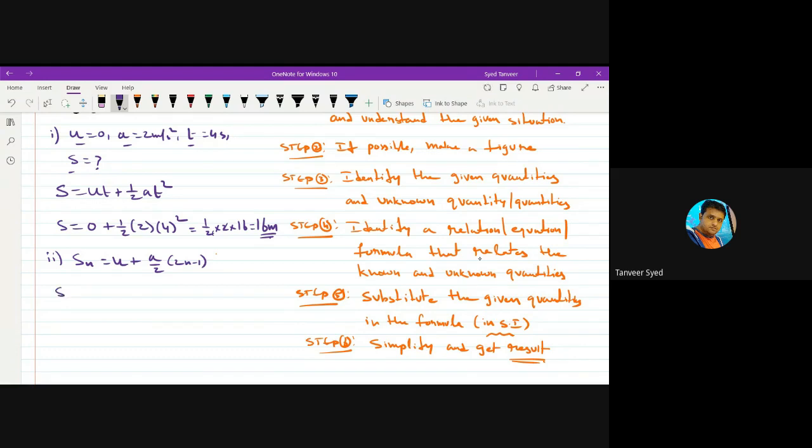We want it in the 4th second, so in place of n, we put 4. u is 0, a is 2, n is 4. 2 into 4, 8 minus 1, 7. So it covers 16 meter in total 4 seconds, and out of that 16 meters, 7 meter in the 4th second, the last second of its journey.